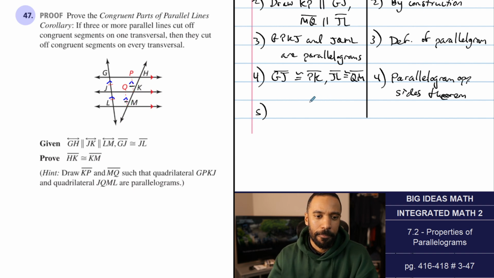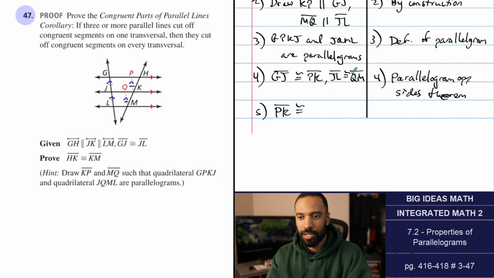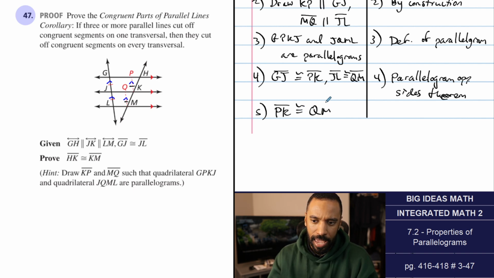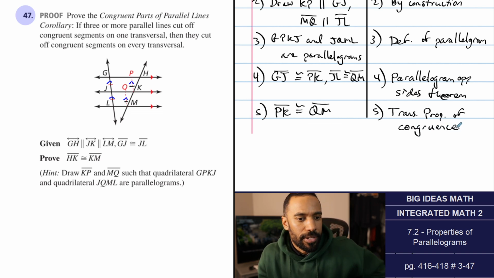So, excuse me, PK is congruent to QM by the transitive property. We kind of did that last thing before in that same way. I am doing the same skipping step thing that the book does. Transitive property of congruence. We already have the markings for it, but that's one part of these triangles that are congruent. Now we need to get two other sets.